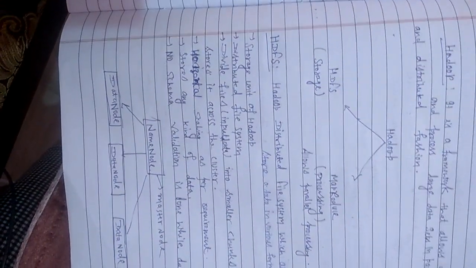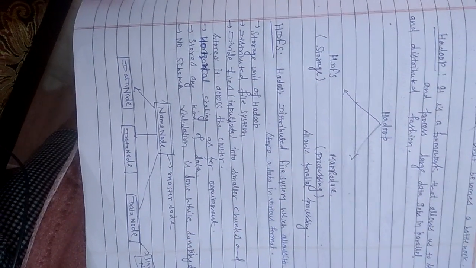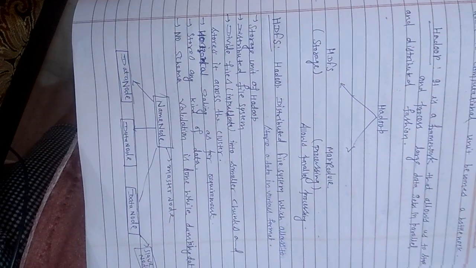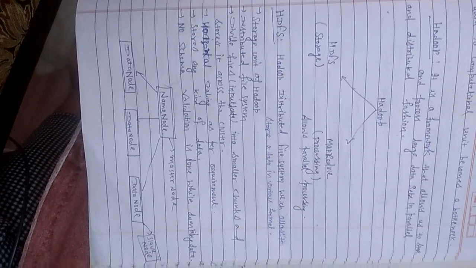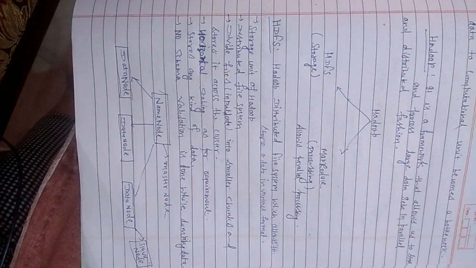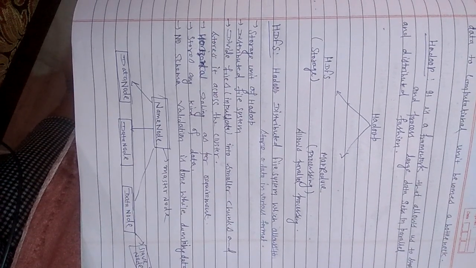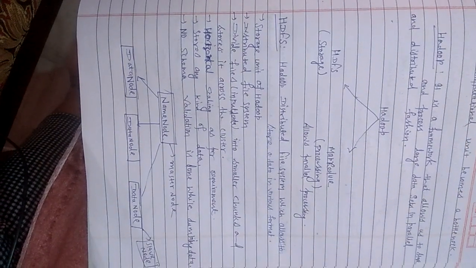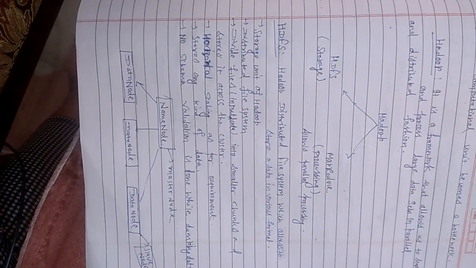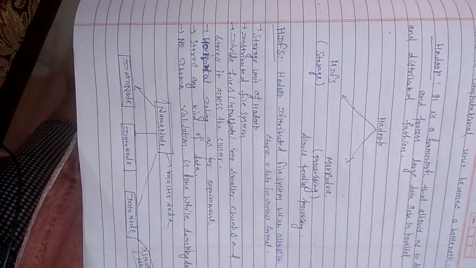HDFS is the Hadoop Distributed File System, which allows us to store data in various formats across the cluster. That means it is the storage unit of Hadoop. It stores data in the form of a distributed file system. It divides a large file into smaller chunks and stores them across the cluster.